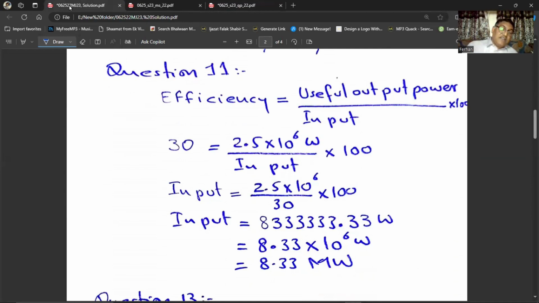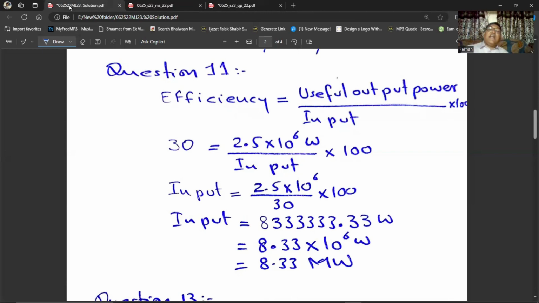Efficiency is 30%, and the useful output power is 2.5 x 10 raised to power 6 watts. Mega means 10 raised to power 6. So the input power will be equal to 2.5 x 10^6 multiplied by 100 divided by 30, and that will be 8333333.33 watt.